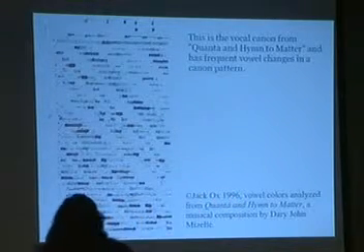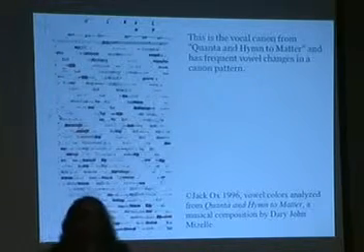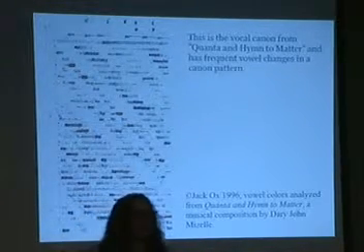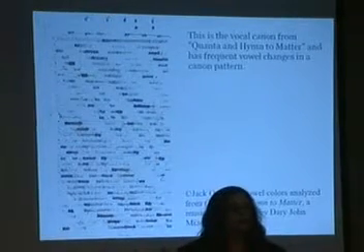That means all the structure is based on layering of different instruments together, creating a structure through the color of sound. So there was a composer, Darijan Mizell, who created a piece of music called Quanta and Hymn to Matter, which is totally based on timbre.